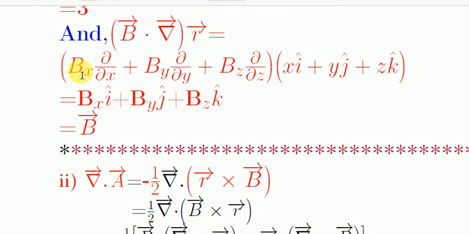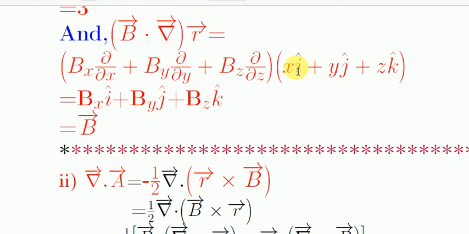Bx is the x component of B, By is the y component of B, and Bz is the z component of B. Since here B dot del operator, we can write Bx del del x plus By del del y plus Bz del del z times, in place of R vector, x i cap plus y j cap plus z k cap.